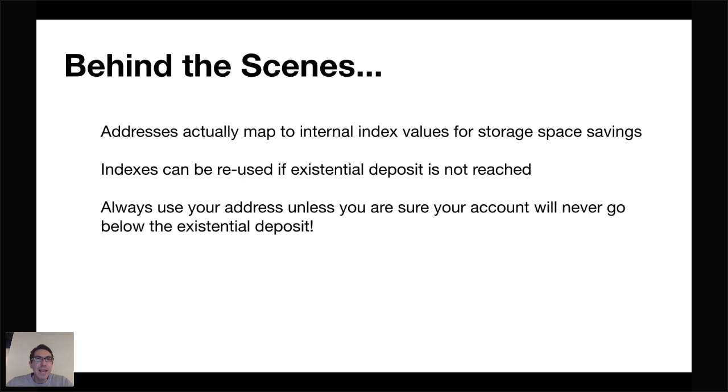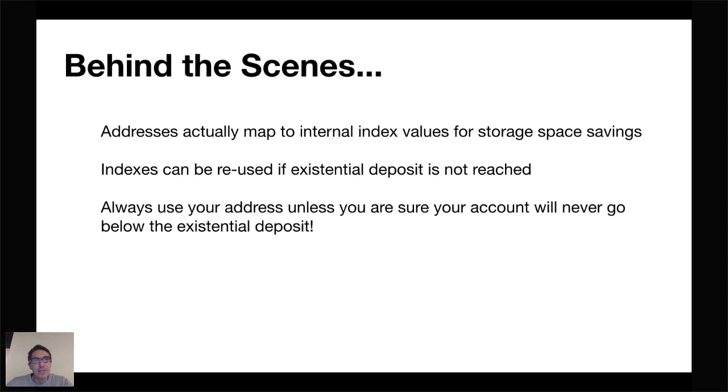You can get these index values, but we generally don't recommend it unless you have a very specific need, which most people would not, because indexes can be reused if the existential deposit isn't reached. What this means is if your deposit in an address goes below a certain amount, it will be what's called reaped, which means taken away.